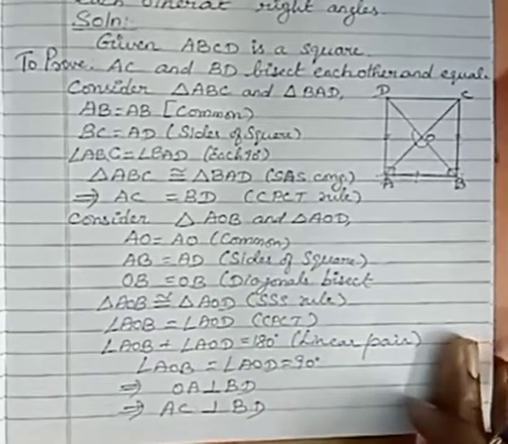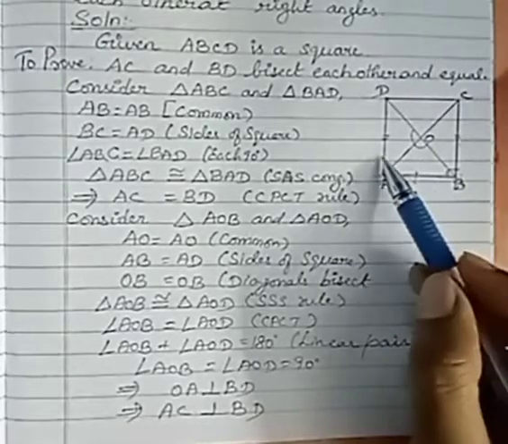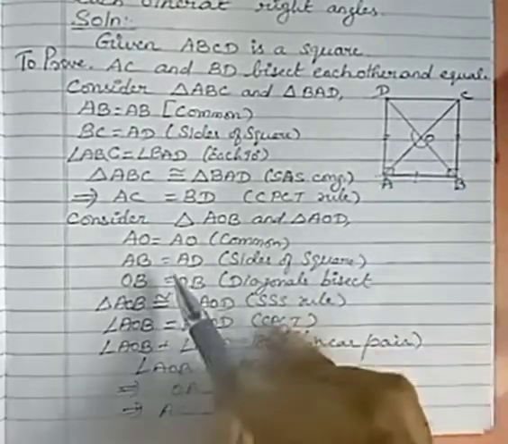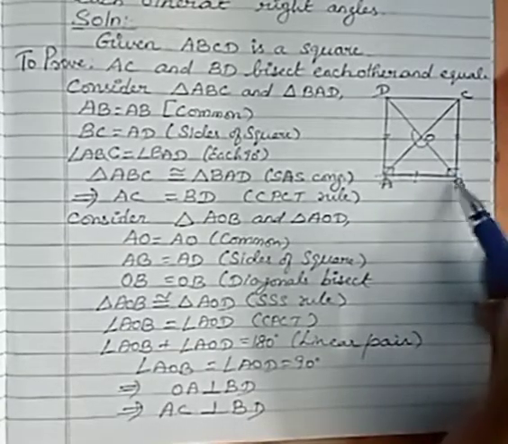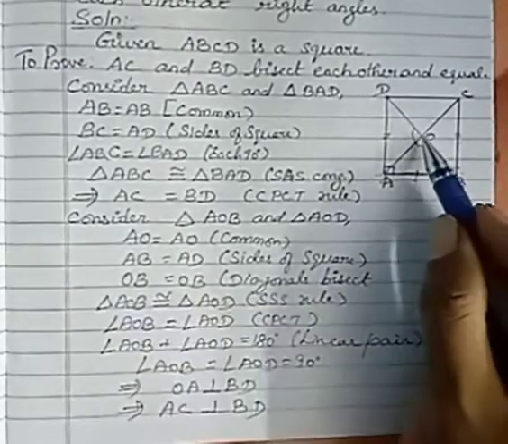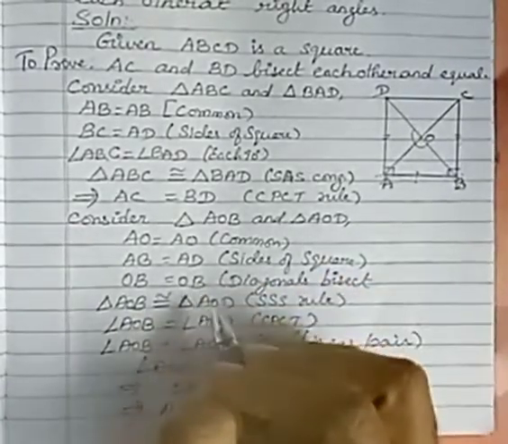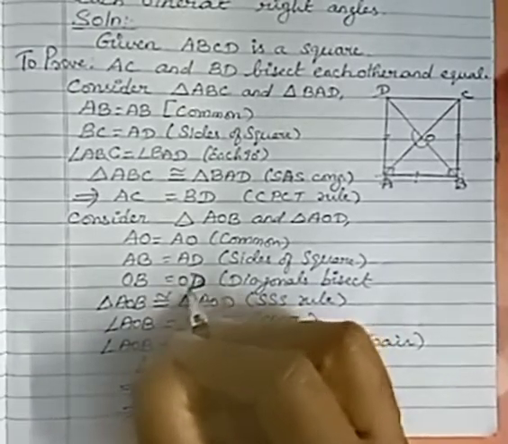As mentioned previously, AB and AD are the sides of the square. So AB is equal to AD. So OB is equal to OD, as the diagonals are bisecting each other. OB is equal to OD here.